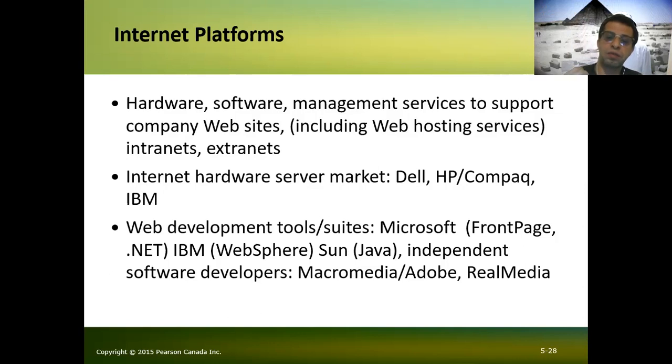The internet server market is run mostly by Dell, HP, Compaq, and IBM. They are servers, not a mainframe, but IBM, part of their mainframe business, also has internet hardware servers. When we talk mainframe, it means all the hardware and networking required is within one piece, yet with servers it is separated.